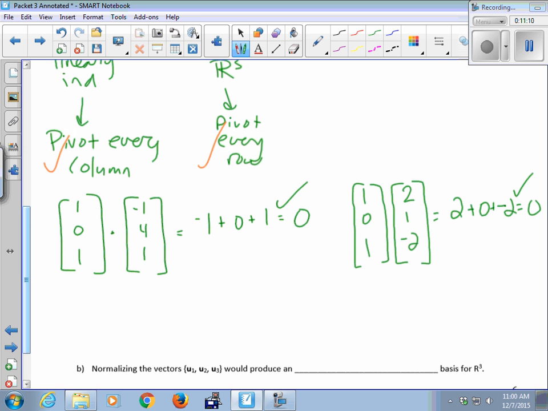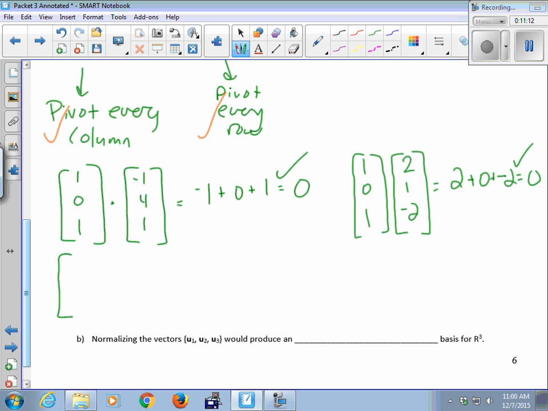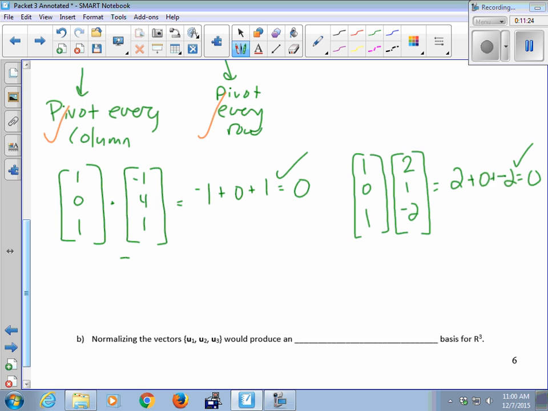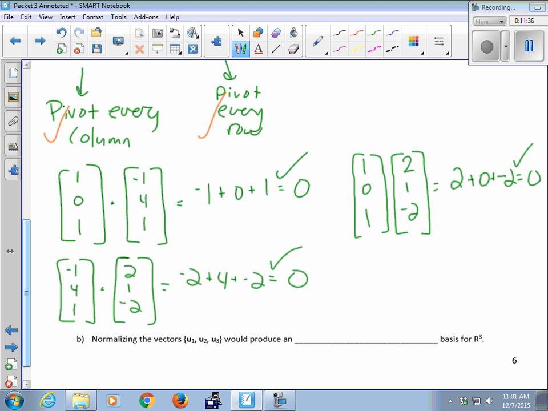And then finally u2 dotted with u3. So I have -2 plus 4 plus -2, which is 0. Check.